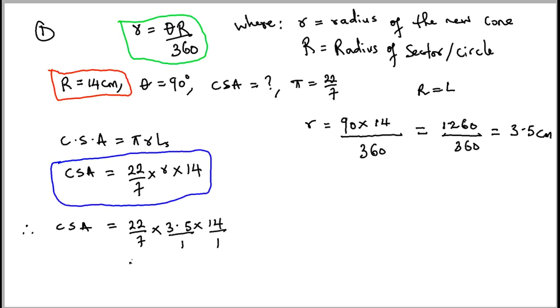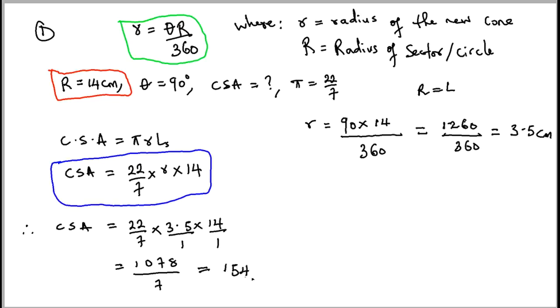Which is now equal to 22 times 3.5 times 14, giving us 1078, all over 7. 1078 divided by 7 is 154.